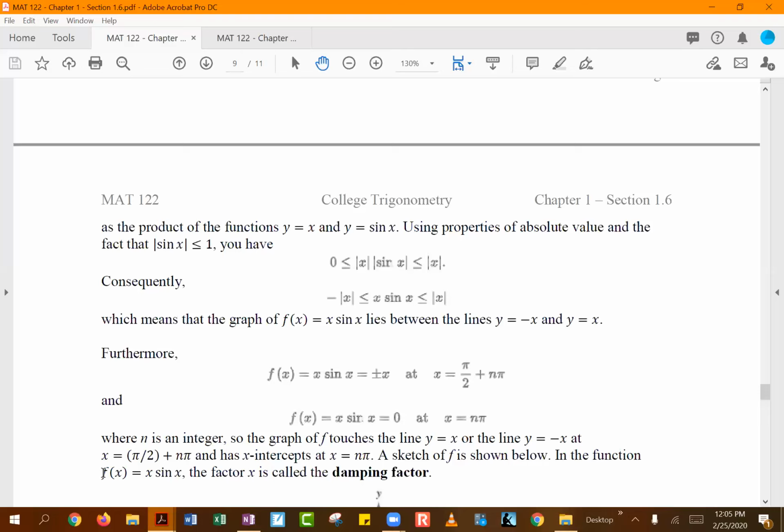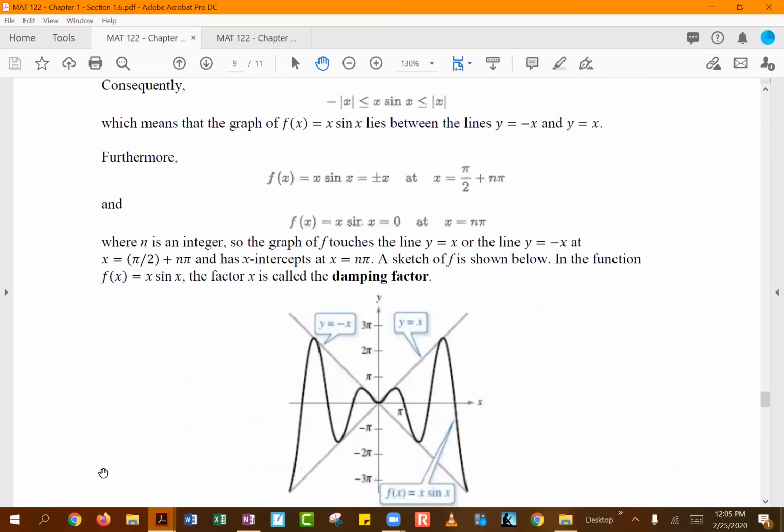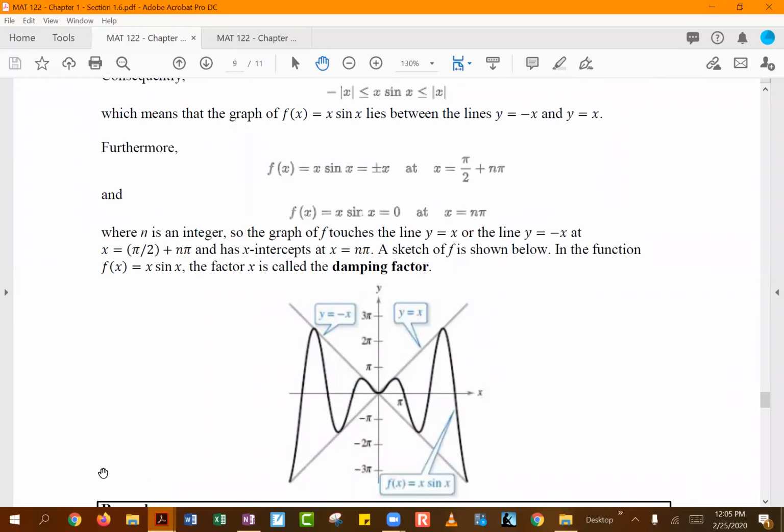And how that helps us, especially when we're trying to graph this, you will notice we graph these positive x and -x lines as our barrier lines, basically, because your function, as you can see, will stay between those lines. It doesn't go beyond that, because this damping factor of x being multiplied with sine of x is restricting how far your function can go. So it's going to stay between these lines of +x and -x.